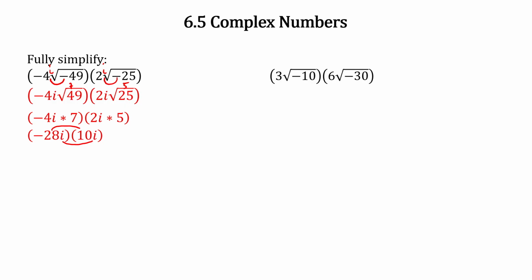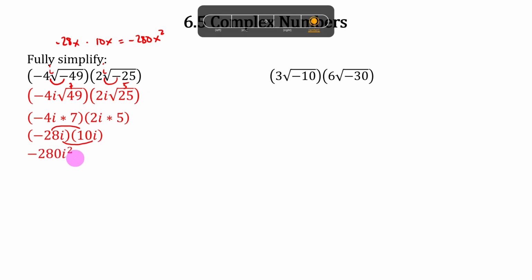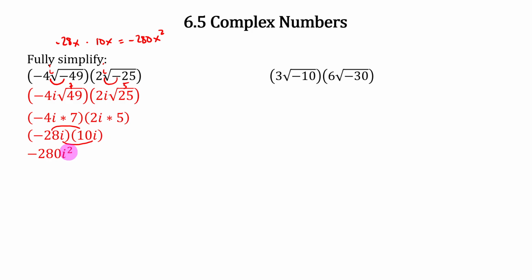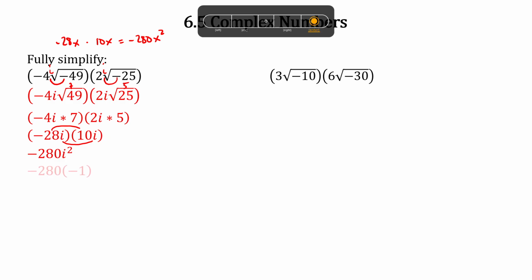It's like you're multiplying the similar terms. Just like if you had negative 28x times 10x, you're going to get negative 280 x squared. We just do it but with i, but the thing is we know i squared is negative 1 by definition. So our answer is positive 280.